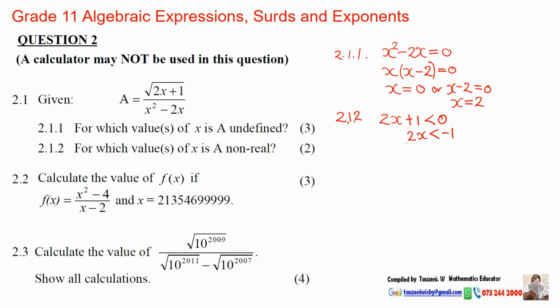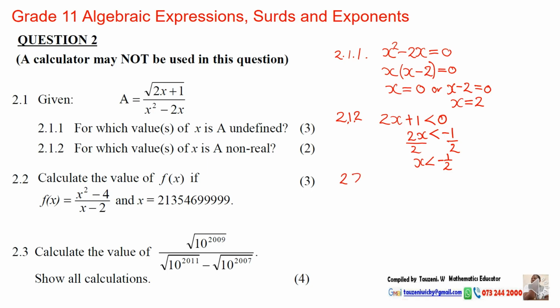So you express that as an inequality and solve that inequality to determine the value of x. In this case, x is less than minus 1 over 2. If x is less than minus 1 over 2, this expression will become non-real.